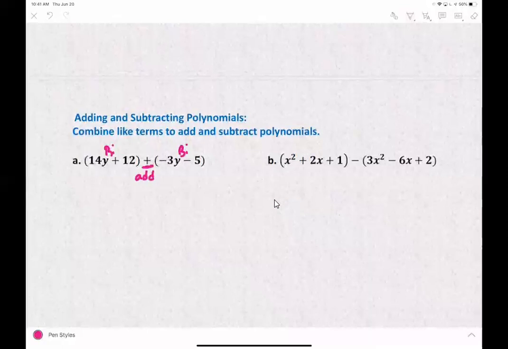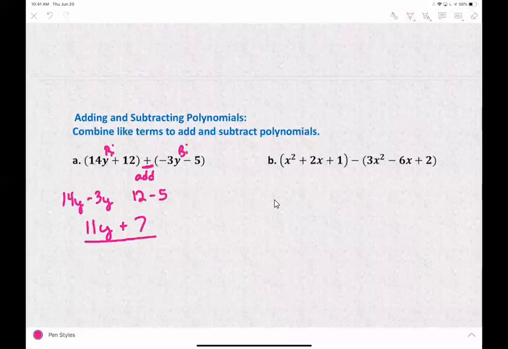So what we're going to do is combine like terms. So 14y and the negative 3y are like terms. And then 12 and the negative 5 are like terms. So this is going to give us 11y plus 12 minus 5 is 7. So then our sum is 11y plus 7.